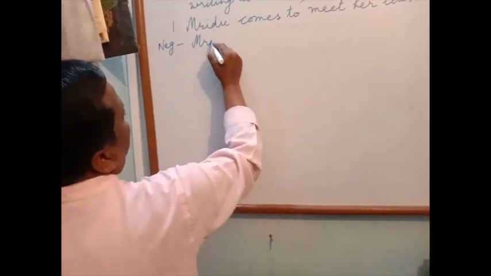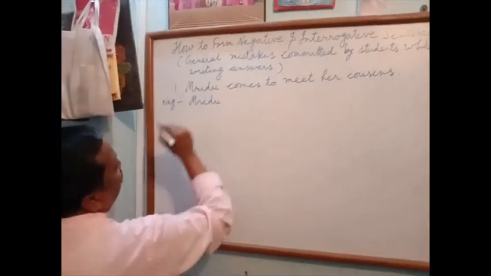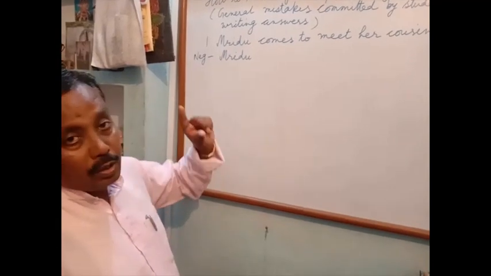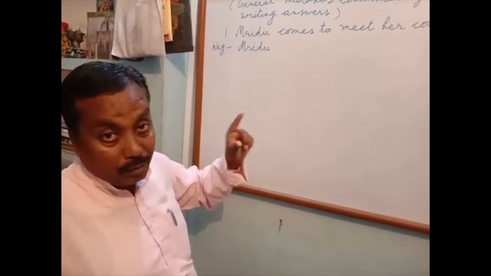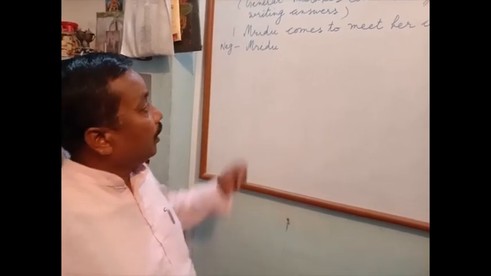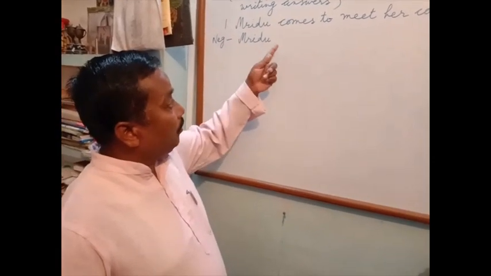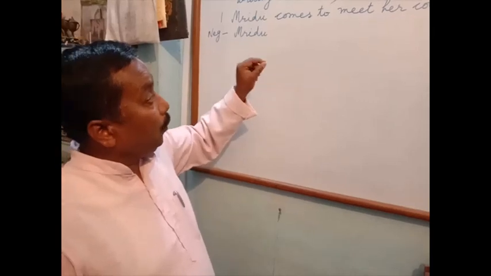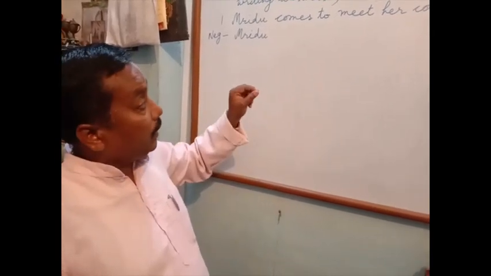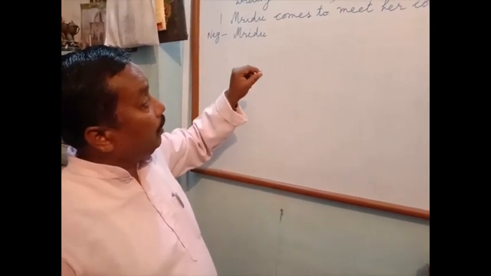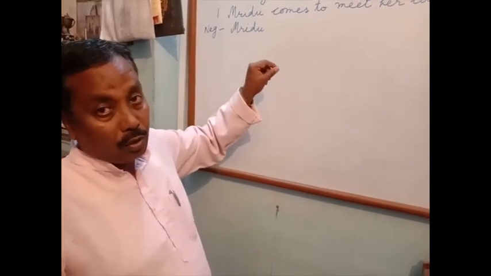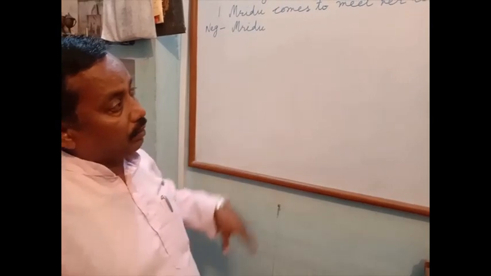Mridu not comes, with the helping verb. Here the helping verb is not visible, but we well know that in every verb do or does is hidden.